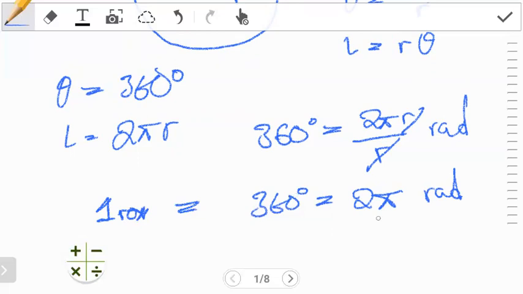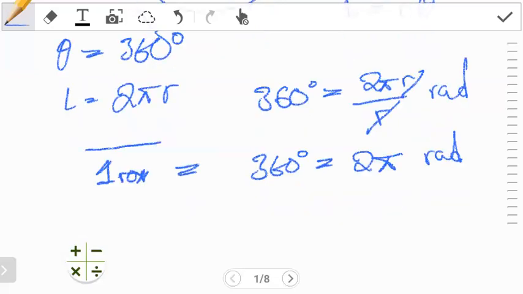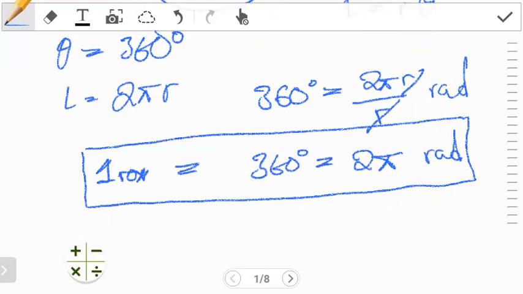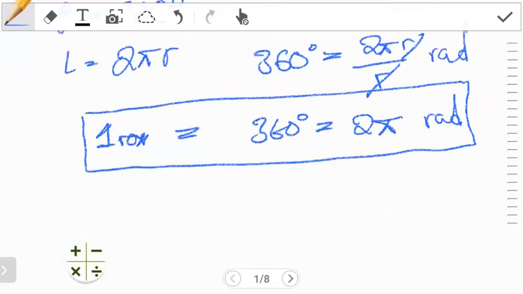So I can use this to make whatever conversion we have to deal with, whether from radians to degrees or from revolutions to radians. Depending on what we have, we can use a pair of these. Okay. All right. So the rad here is just short for radians, or radian.